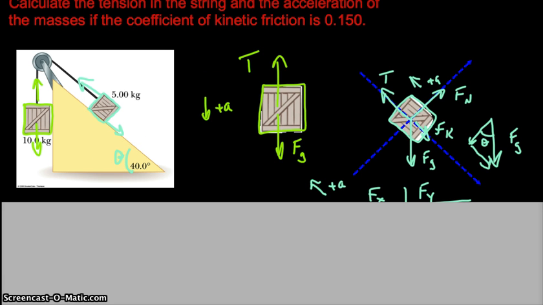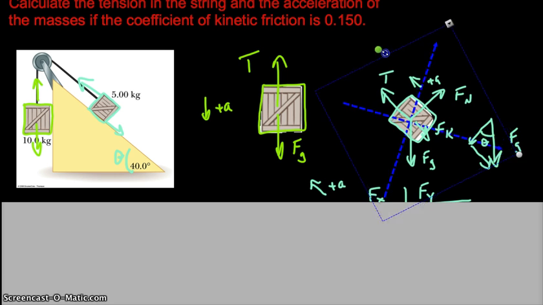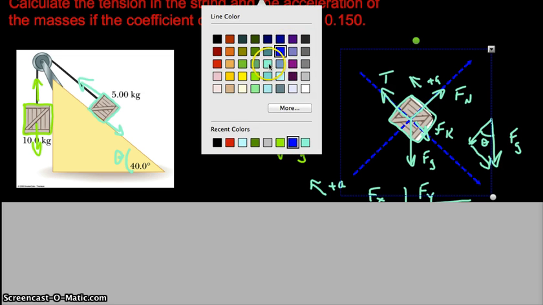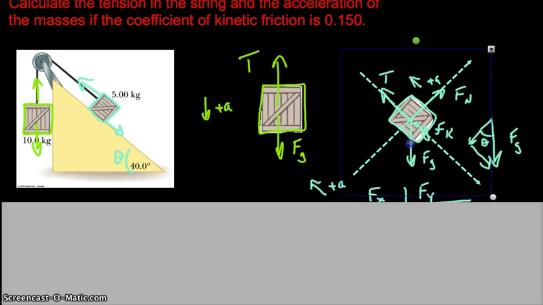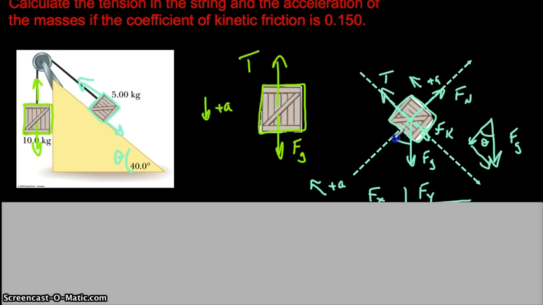The reason for that, again, is this coordinate system has been tilted away by this angle, 40 degrees, and that leaves this angle in here to be the angle theta.